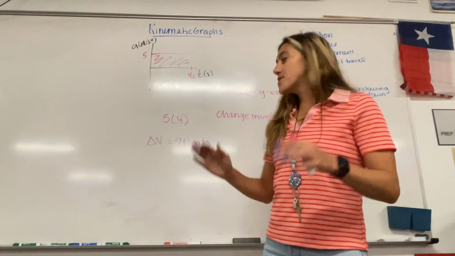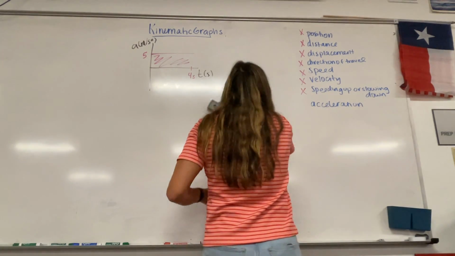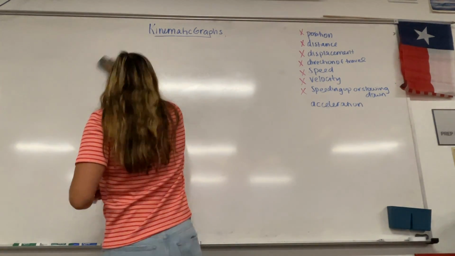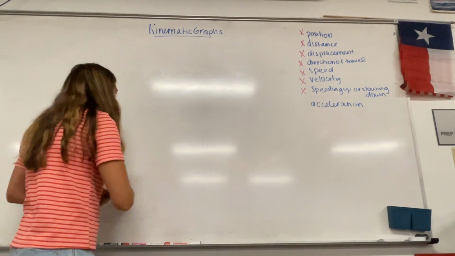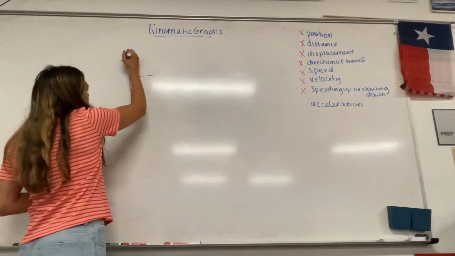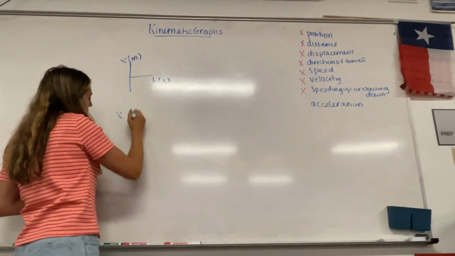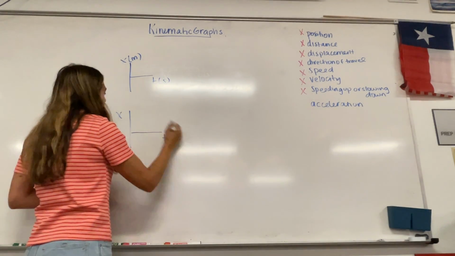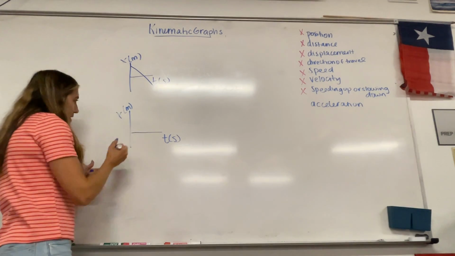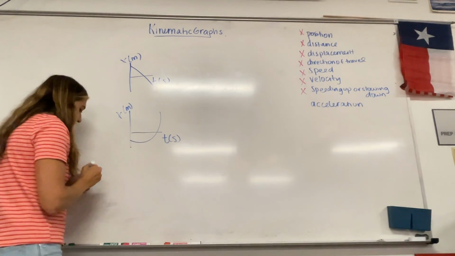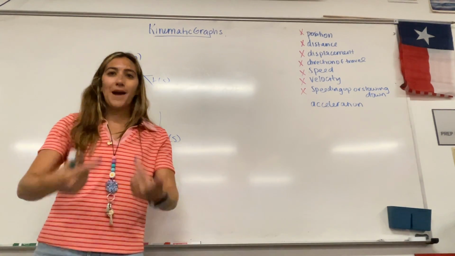Okay? These are the kinematic graphs. I'm going to finish up with something I think every AP Physics 1 student should know, which is what the pattern looks like. If this is position, bear with me, and I have a straight line or I have a curve, the next graphs are always going to have the same pattern.